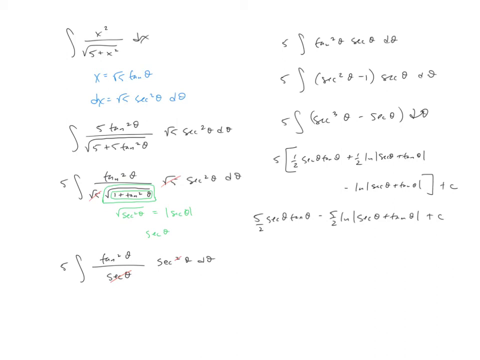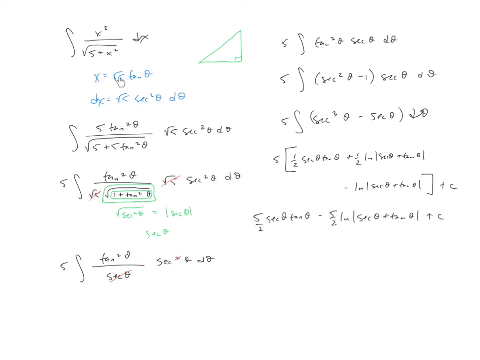Now, this isn't quite our final answer. Remember, we started in x's, so we have to go back into x's. So when you come over here and you look at this blue stuff, this stuff right here is going to allow us to construct a triangle. So our triangle might look something like this, and it'll be a right triangle. And we know from this guy right here, from our original substitution, this is always where you want to get your information from.